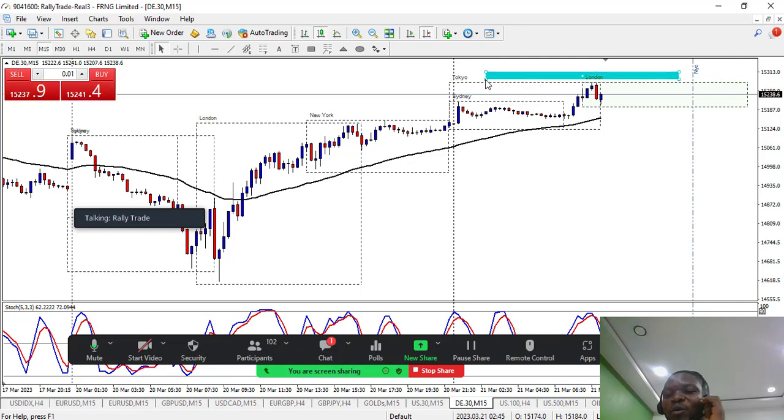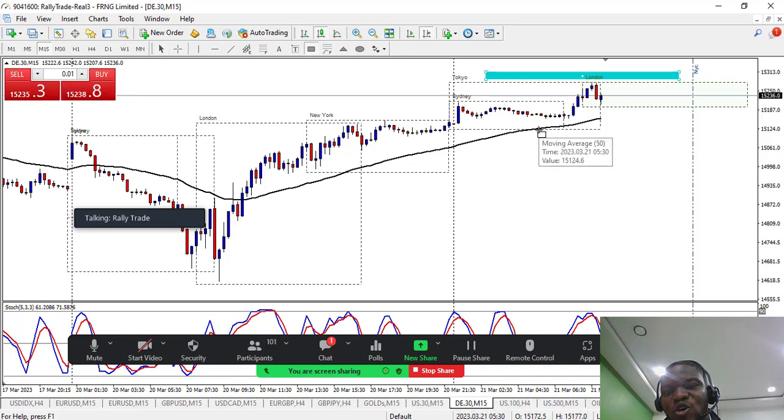This is M15. So you want to buy if the price can trade above this level, and that will be around 15313. Then of course you want to do a sell if the price can trade below this level here. Okay.